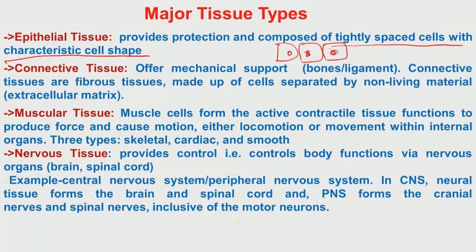You remember, in the context of the cell signaling processes, I have mentioned that if you apply Fick's first law of diffusion to two tightly spaced cells, you can find the total number of molecules that can be transported along these gap junctions, and that example was valid for tightly spaced cells like in epithelial tissue. Second one is the connective tissue, that offers mechanical support, and bone and ligament are the most popular example of this connective tissue.